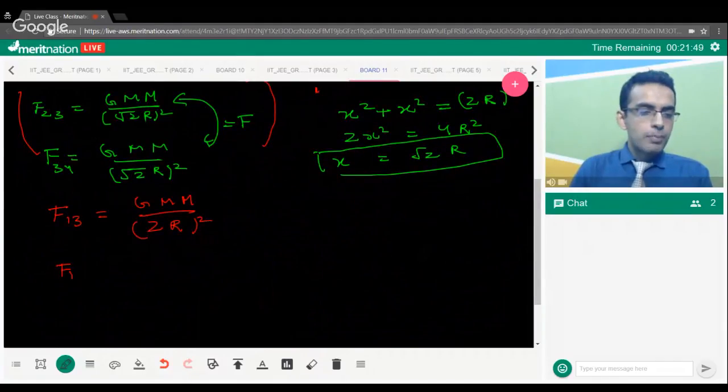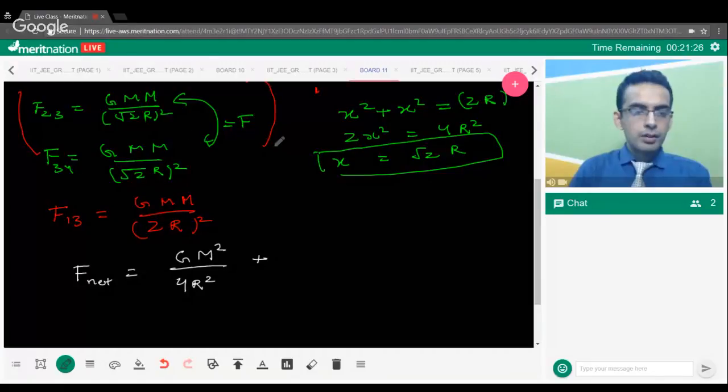Net force on particle number 3 is equal to G m square by 4r square plus the cos components of F23 and F34.